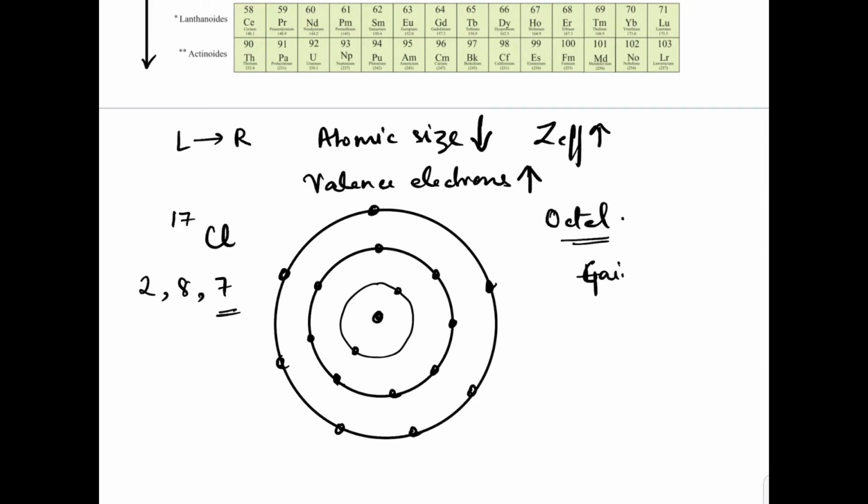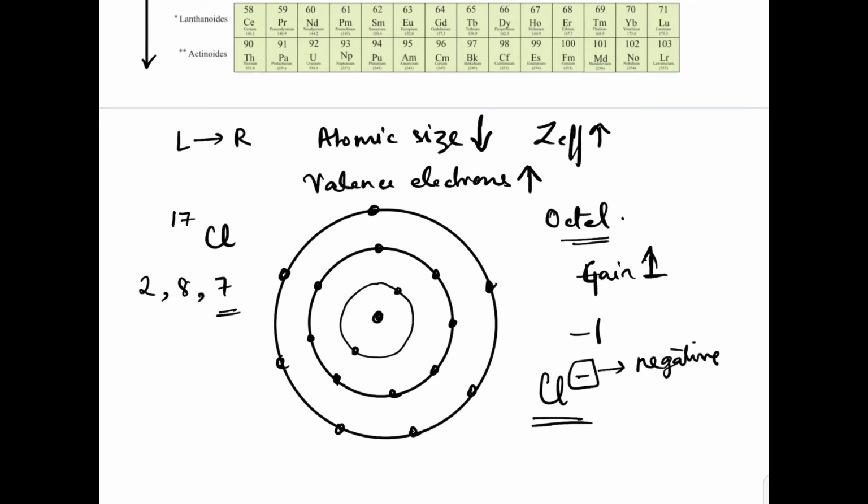So gain one more, that is, gain a negative charge of 1. By gaining, it's gaining a negative charge of 1 since it has more electrons. So that is more convenient and energy efficient for chlorine. So it would prefer to be Cl minus. You can see this minus symbol, negative. So it is quite electronegative.